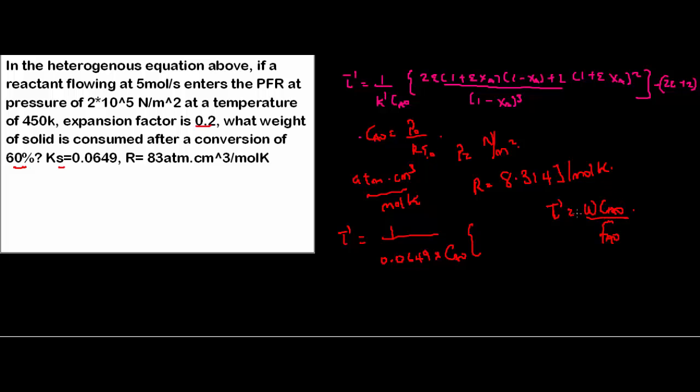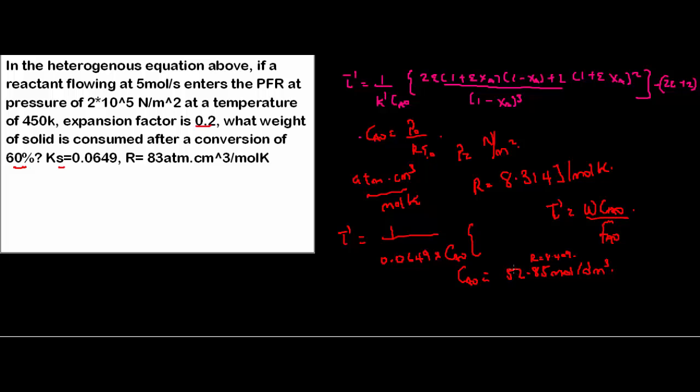If you calculate correctly, your CA naught should give you 52.85 mole per dm3. You might not get this exact answer, because the R that was used here is 8.409, which is almost the same as this, but just to be safe, I'll advise you use 8.314 for your R. Substitute it in, and you should get something really close to this.